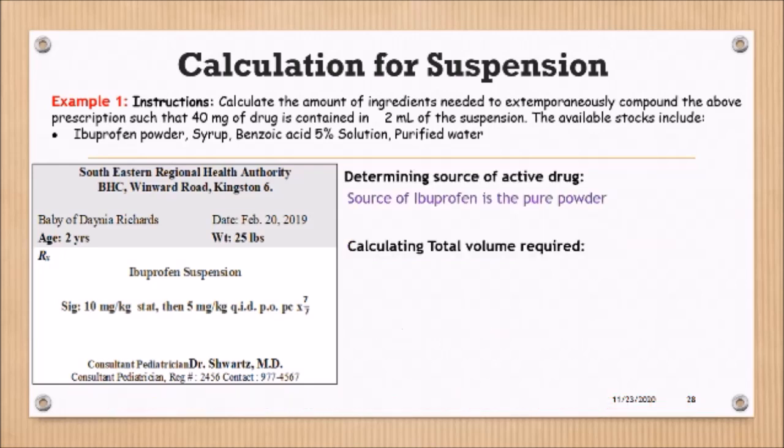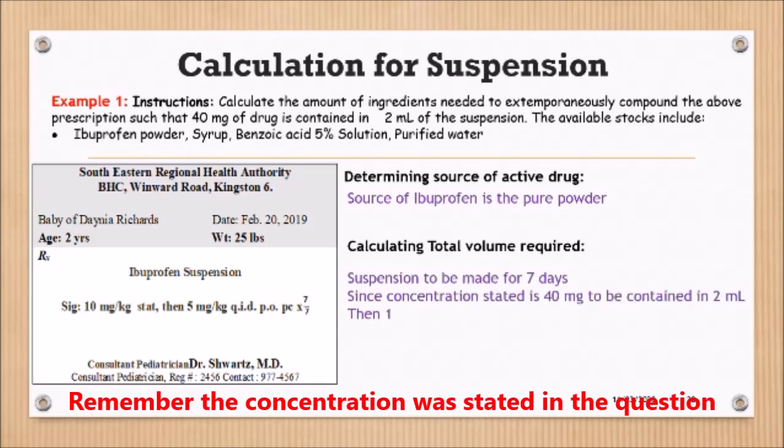So determining the source of the active ingredient is the next step. We get the total amount of ibuprofen that we need, which is the start plus the maintenance dose for 7 days. Where is it going to come from? Is it the pure drug? Yes, in this case it is. So the source is going to be the pure drug, and based on the concentration, we are now going to determine the total volume.